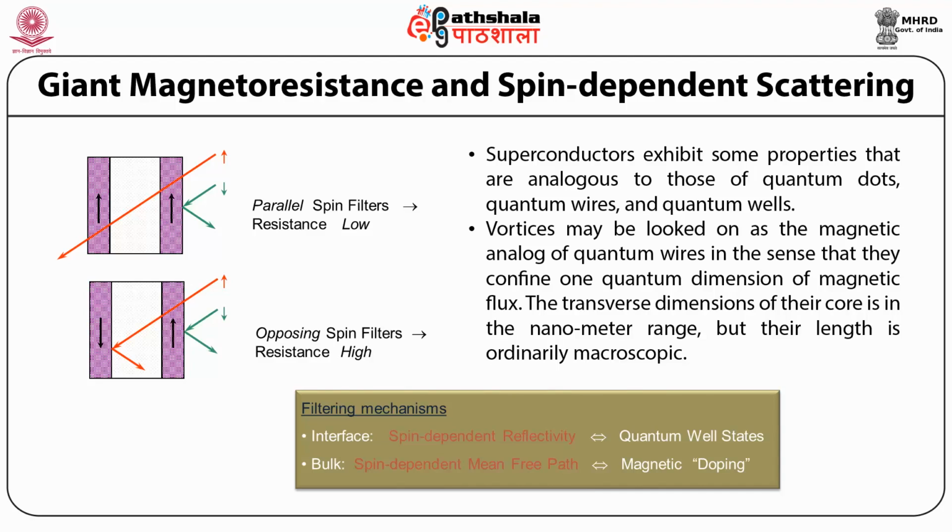The effect is based on the dependence of electron scattering on the spin orientation. The main application of GMR is magnetic field sensors, which are used to read data in hard disk drives, biosensors, micro electromechanical systems (MEMS), and other devices.